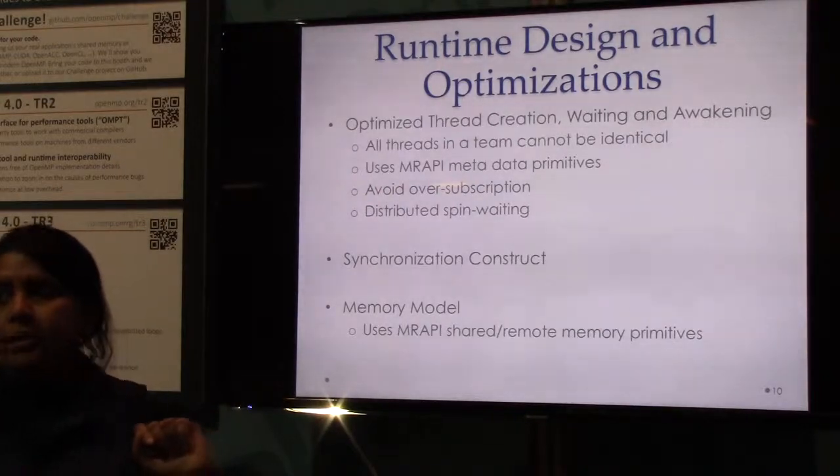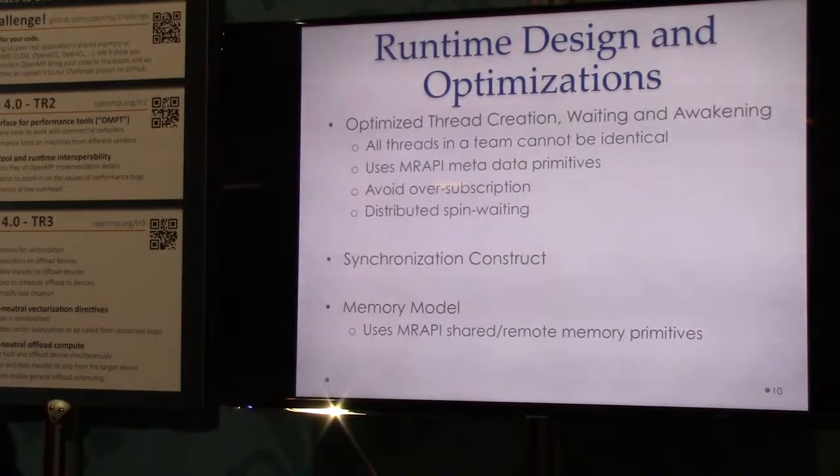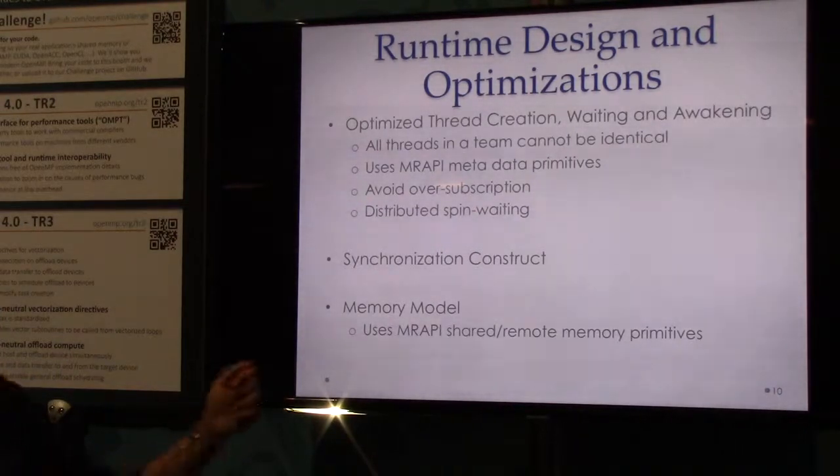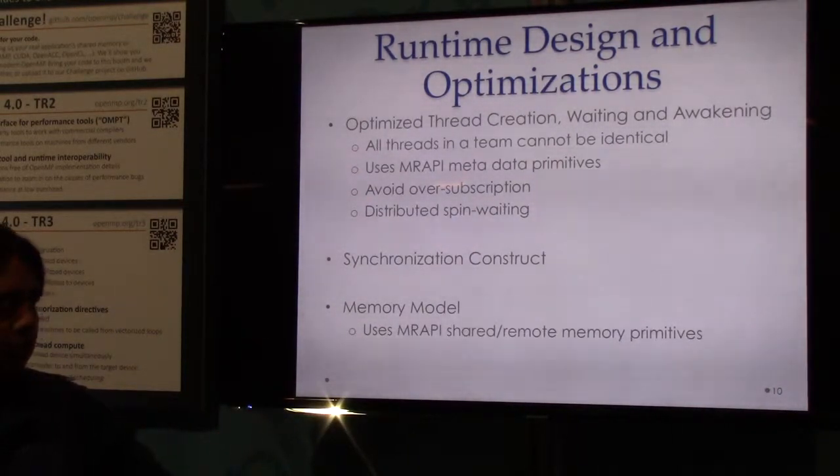For example, the tournament algorithm might be a better one, just because you have very limited resources, very limited memory, so you do not have an option to overuse the amount of resources you have. And for the memory model also, we use the resource management, shared and remote memory primitives.